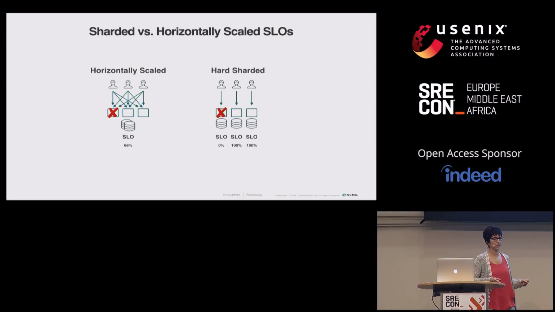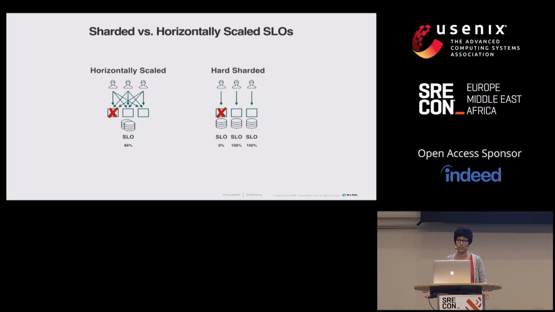In a hard-sharded system, however, if you lose 1 out of 3 nodes, then yes, statistically it's still 33%, but in reality what's happening is a third of your customers are seeing 100% error rate, and 2/3 of your customers think everything's just fine. Statistics. Yeah, that's a really big difference, a third of your customers being down and all of your customers being partially degraded.